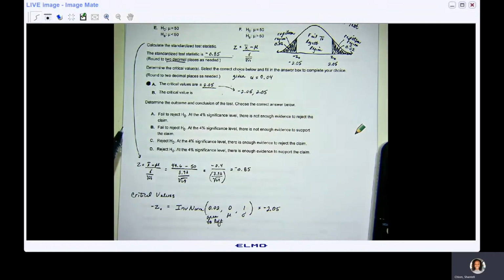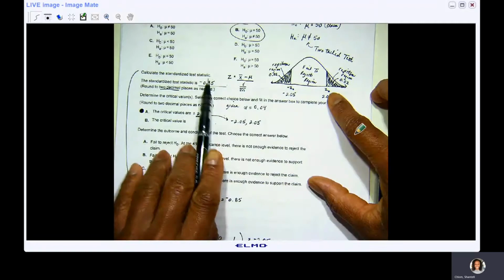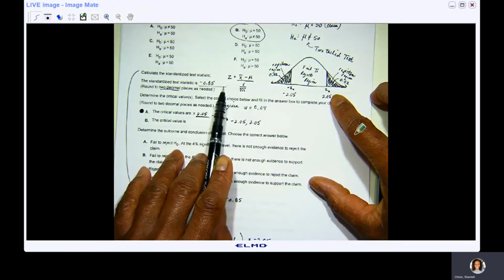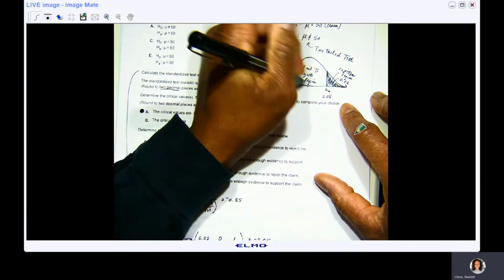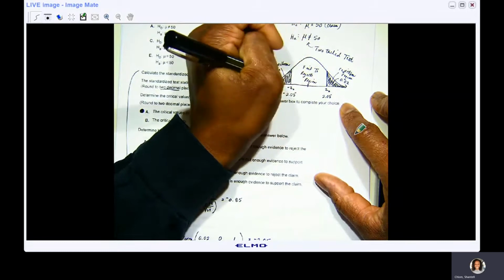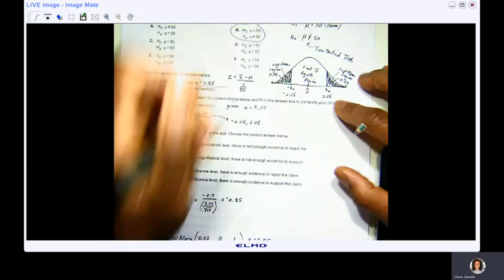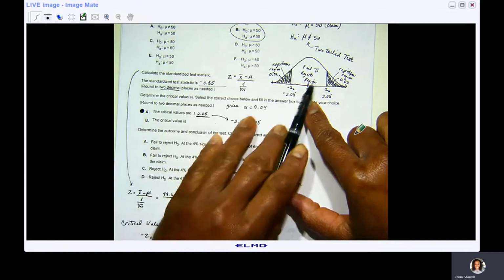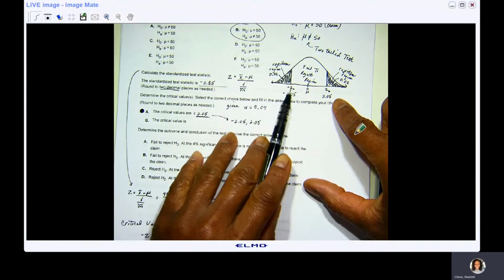All right. Now, here's the thing. We've got our critical values. Now let's compare our test statistic to our critical values in reference as far as where it lies. So keep in mind, in the fail to reject region here, in the unshaded region, you're dealing with the standardized Z curve. So you have 0 here in the middle at mu. So gauge where this negative 0.85 would lie in reference to 0 in the middle and negative 2.05 here to the left.